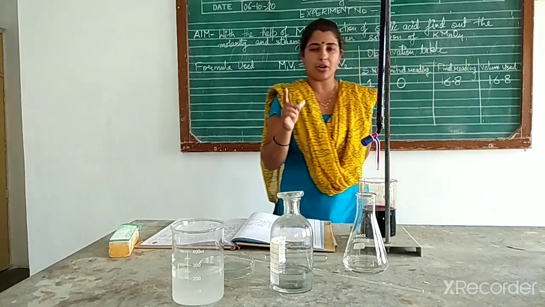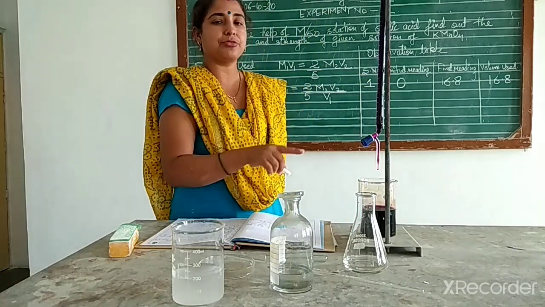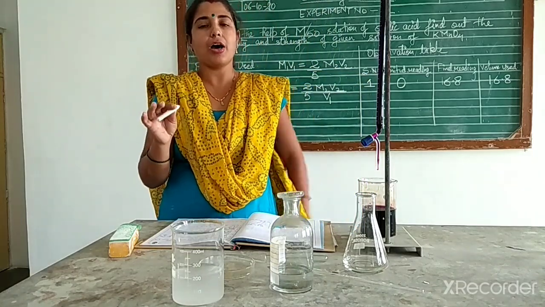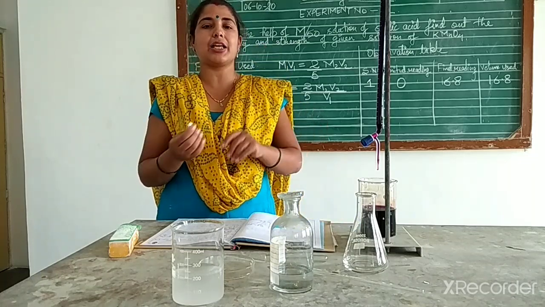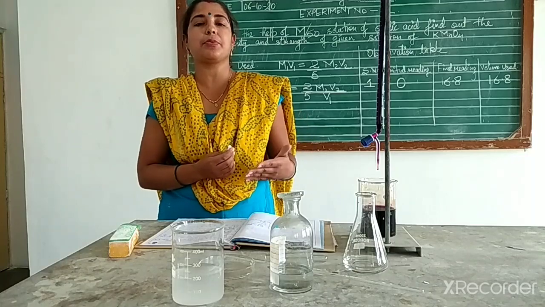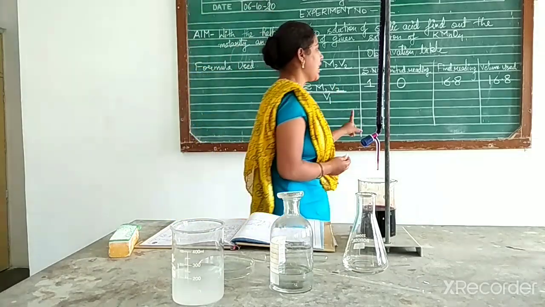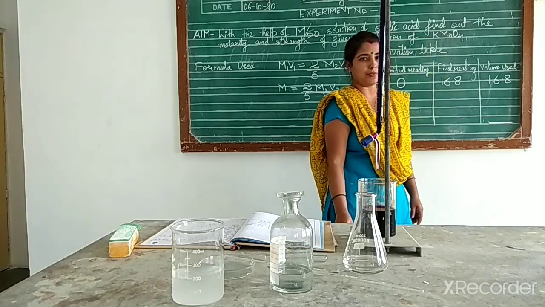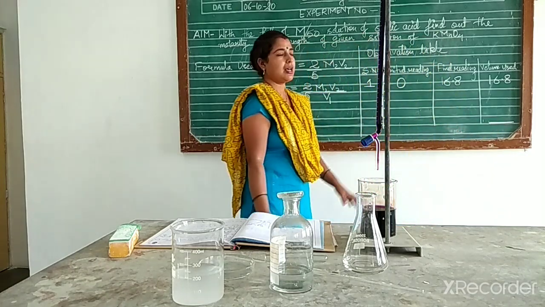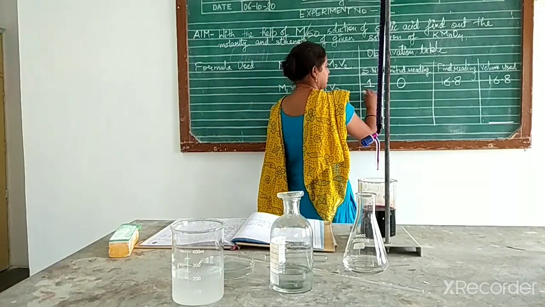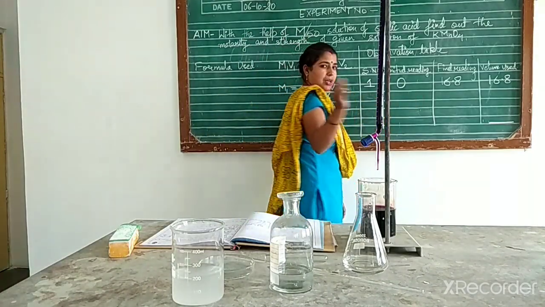But this is not the exact reading. We have to repeat the same process around 4 or 5 times, or till we get the last 3 readings to be the same. So when we keep repeating the same process, we will get the final volume used for the reaction.